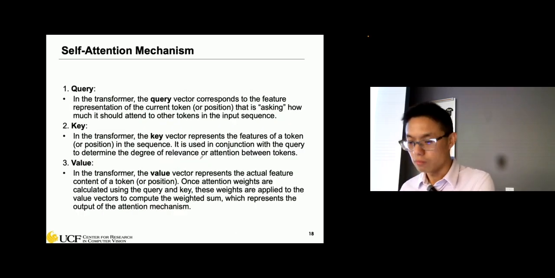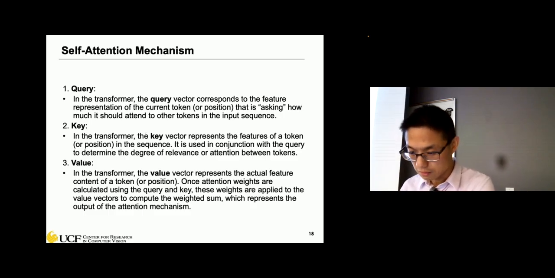You may be wondering why we use this query, key, value naming for these three terms. I think the analogy comes from information retrieval. In the transformer, the query vector corresponds to the feature representation of the current token that is asking how much it should attend to other tokens in the input sequence.